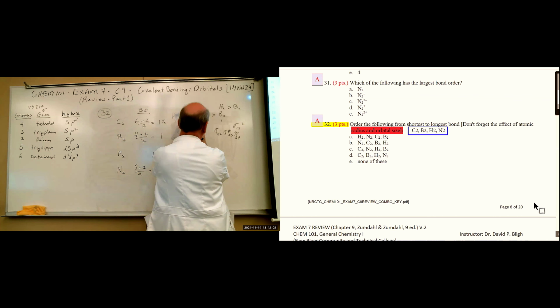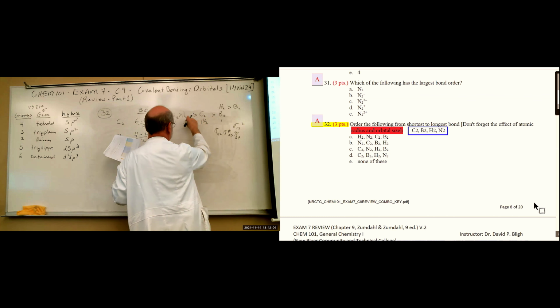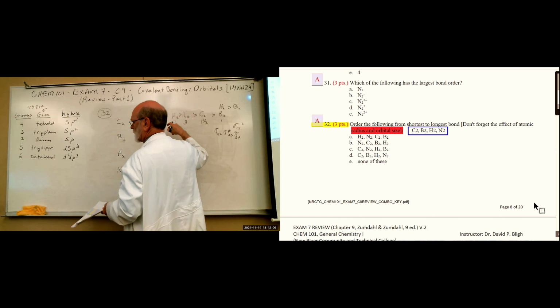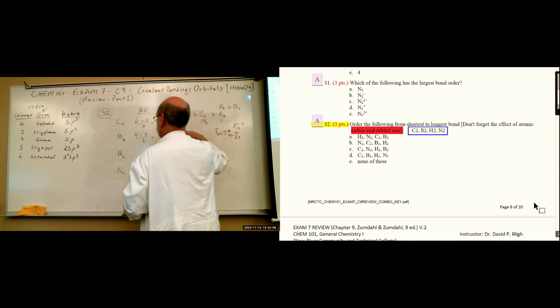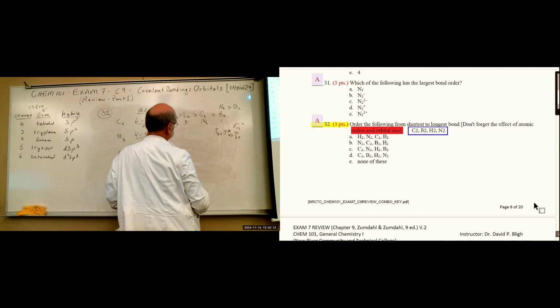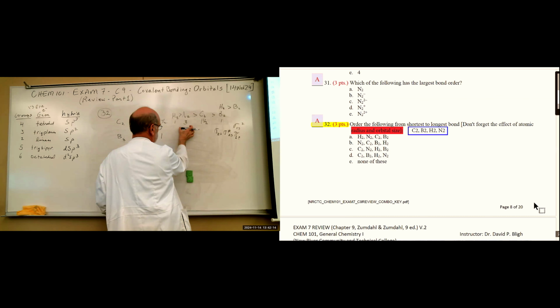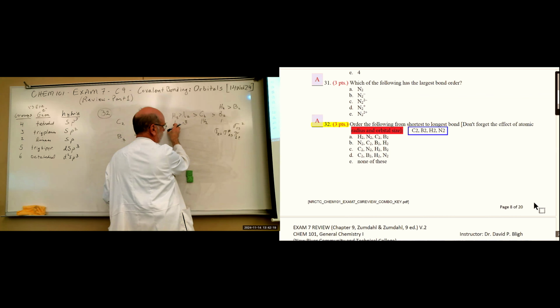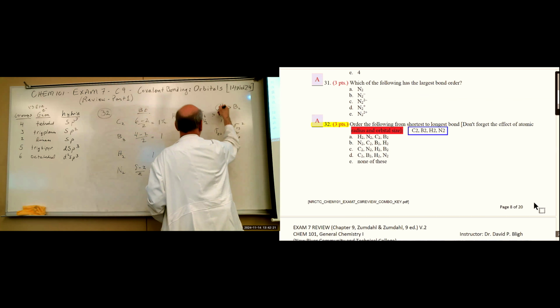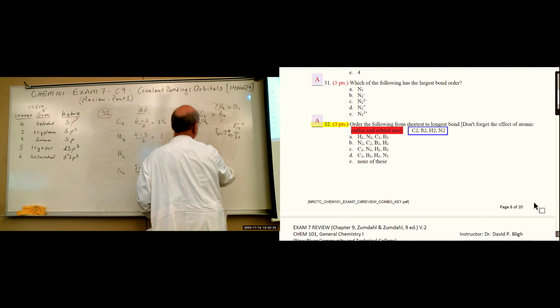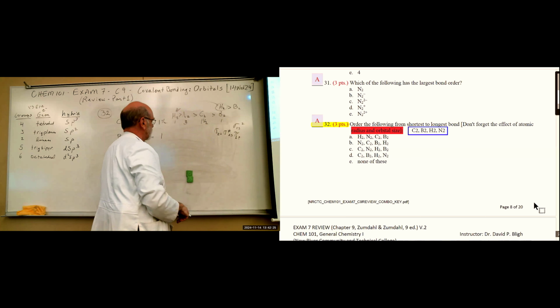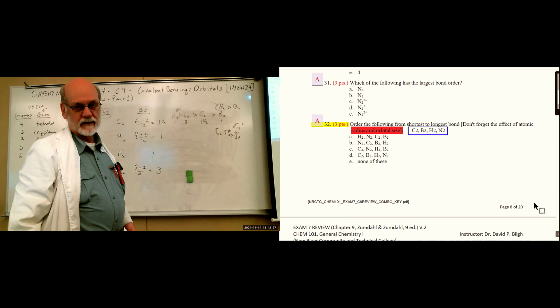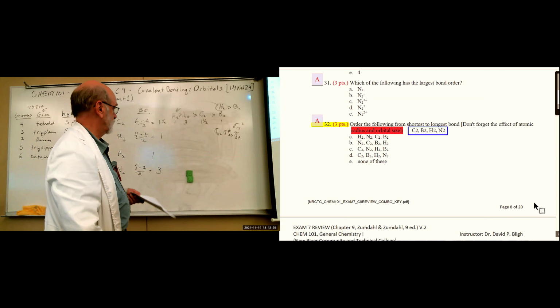Because you can't get the nuclei close enough together when you're talking about 7 protons and 7 neutrons in that nucleus, and you're overlapping second period orbitals. Here you're only overlapping first period. Right, so this one actually would go over there. That's the trick to this one. So HNCB would be the best answer.